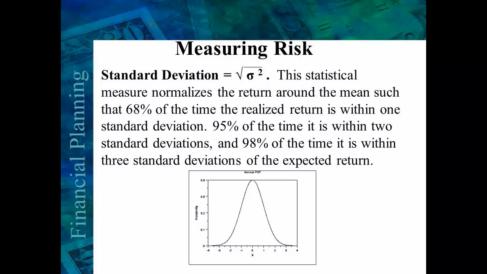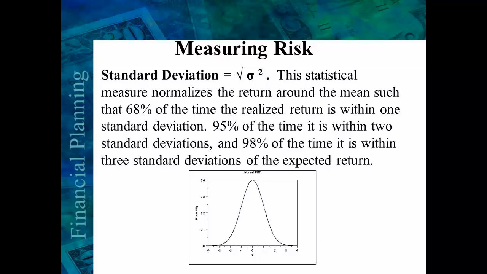That means that 68% of the time you would expect the annual return to be within a range of 10 to 20%, i.e. 15% plus 5% standard deviation equals 20%, and 15% minus 5% standard deviation would equal 10%. 95% of the time, you would expect it to be within the range of 5 to 25%, i.e. 15% plus 5% plus 5% equals 25%, and 15% minus 5% minus 5% equals 5%.